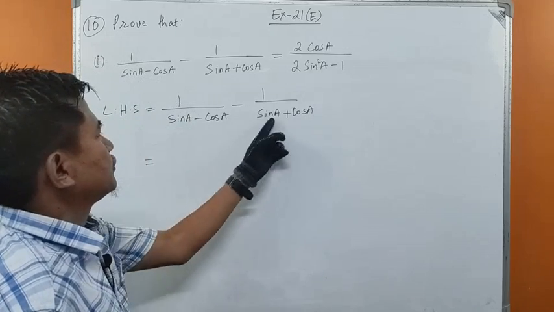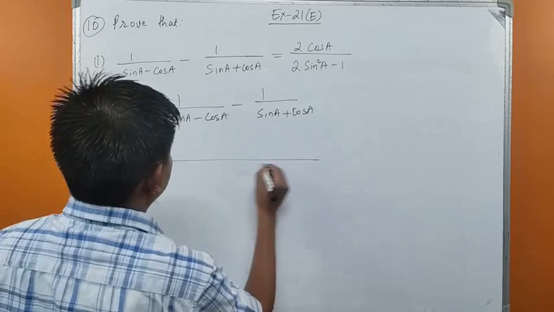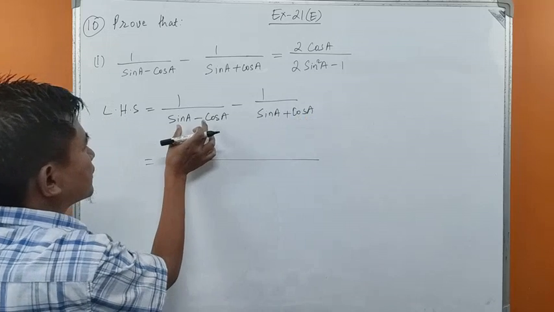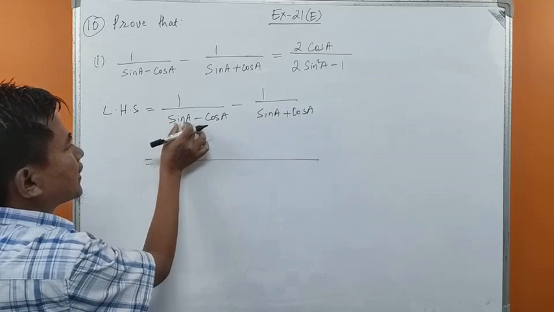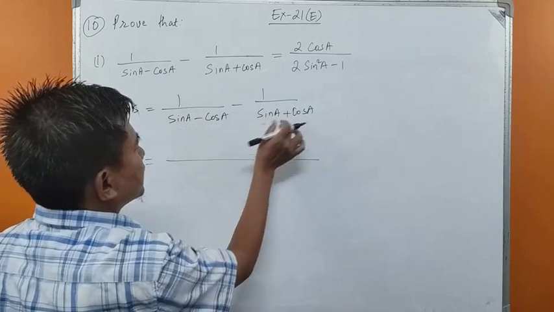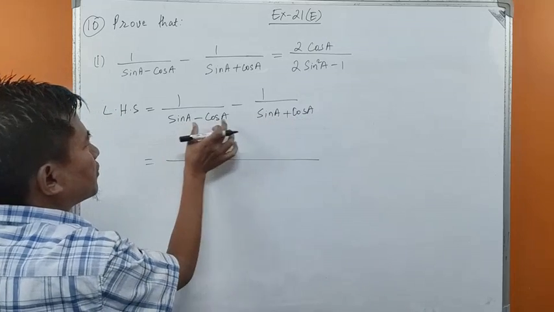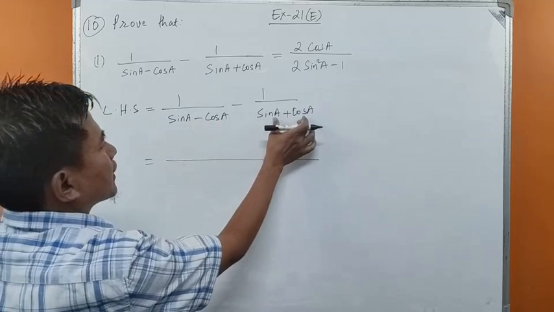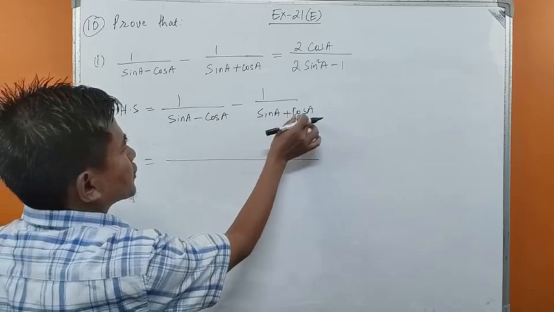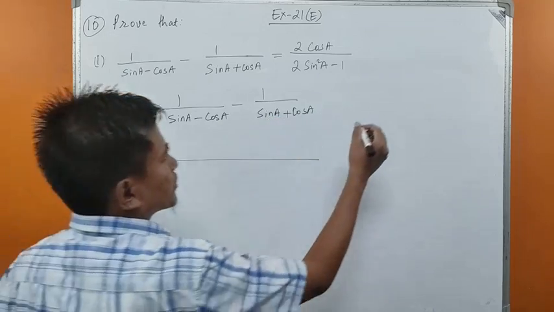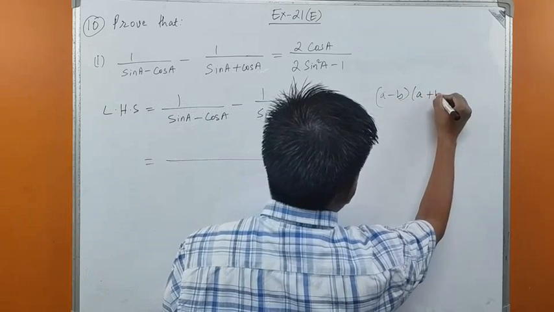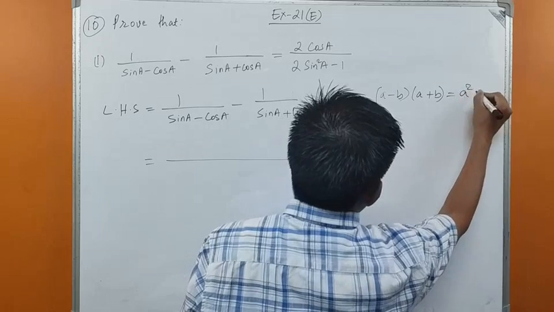we multiply these two. Okay, now here you can see sin A minus cos A into sin A plus cos A gives us, let's assume this sin A as A and cos A as B. Okay, A minus B into A plus B, isn't it? When we multiply these two numbers, we can see that A minus B into A plus B can be written as A square minus B square.